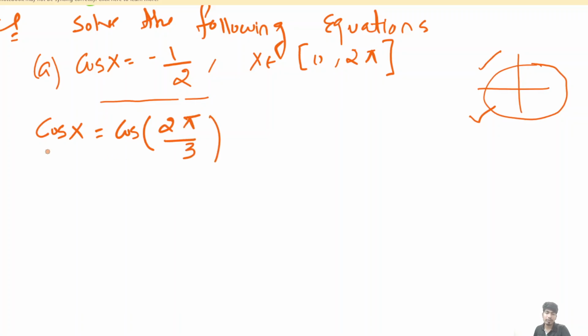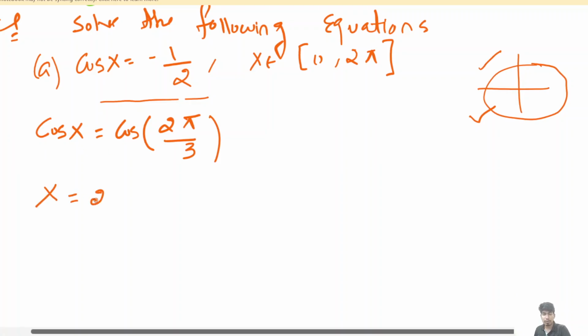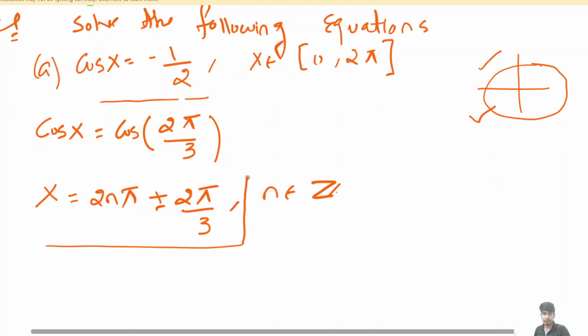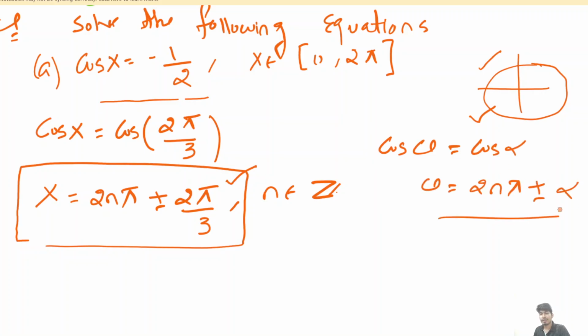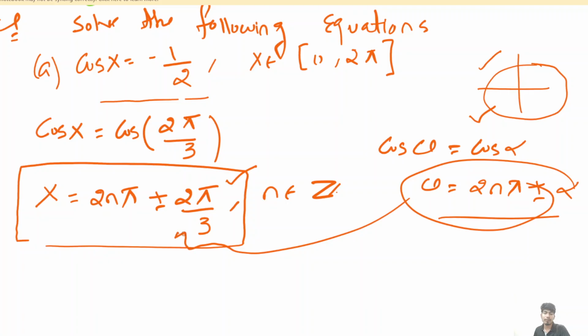Then what is the relation between x and 2 pi by 3? x is equal to 2n pi plus minus 2 pi upon 3, where n belongs to integer. Students, what are the values of x? This is the general solution. Why? Because if cos theta is equal to cos alpha, then we know theta is equal to 2n pi plus minus alpha.